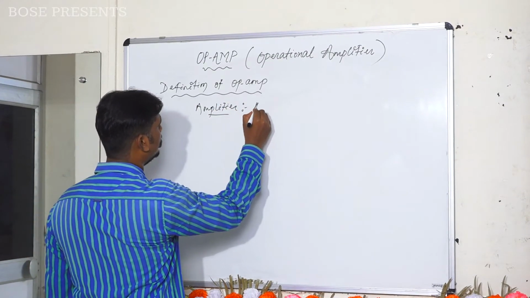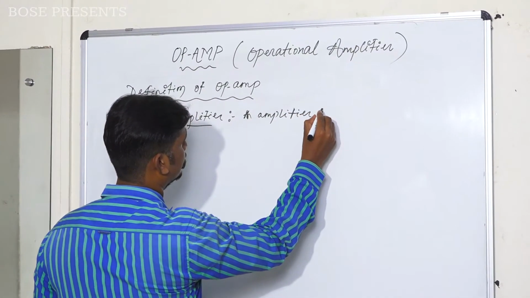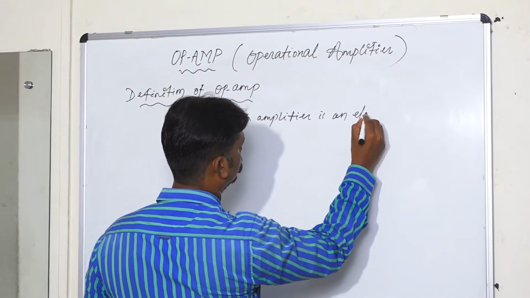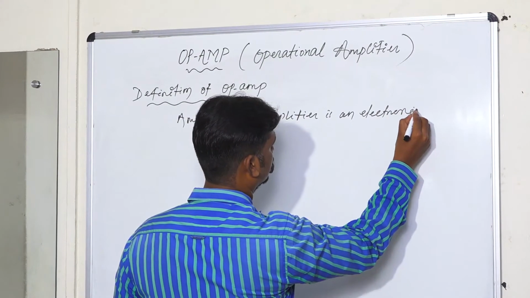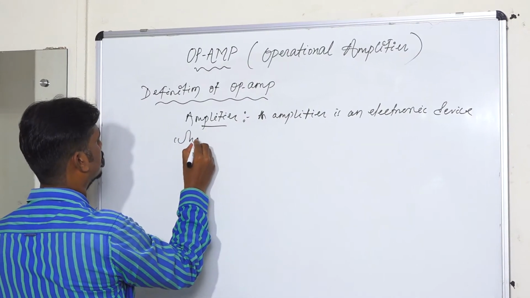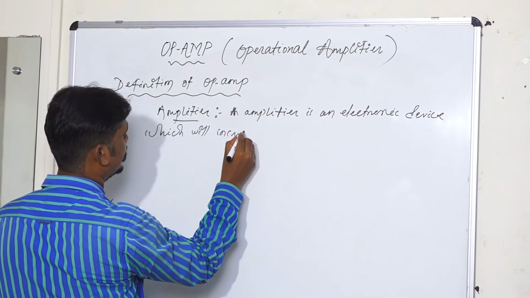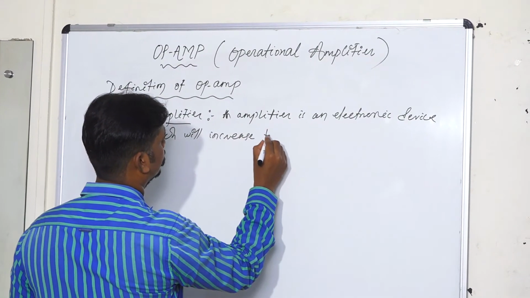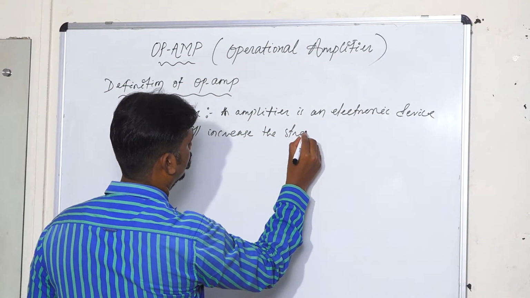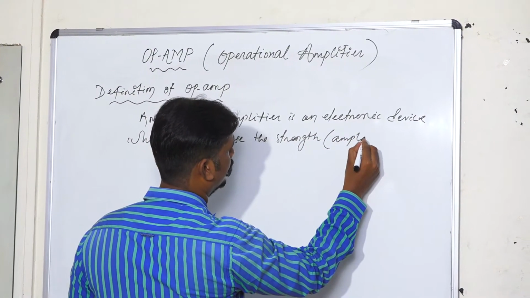We know an amplifier is an electronic device which will increase the strength of a weak signal, or we can say the amplitude of a weak signal.